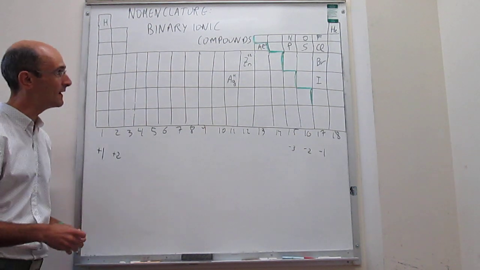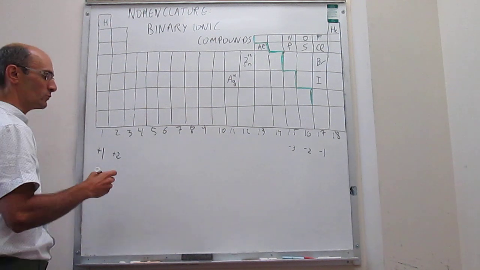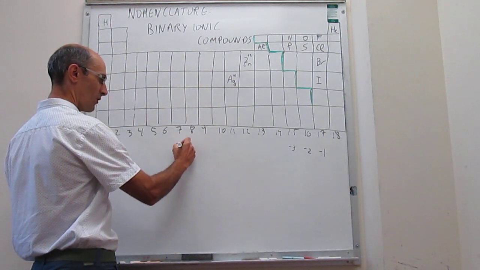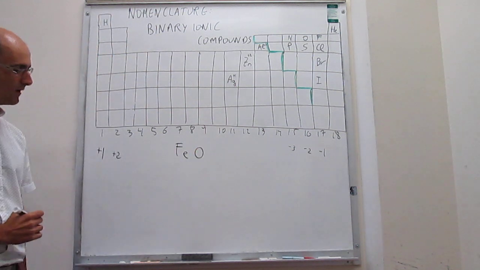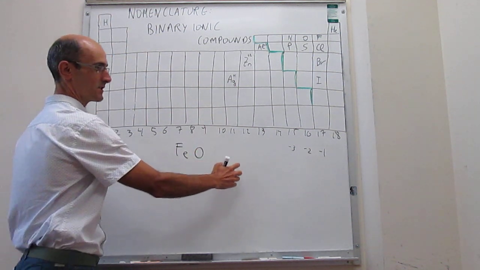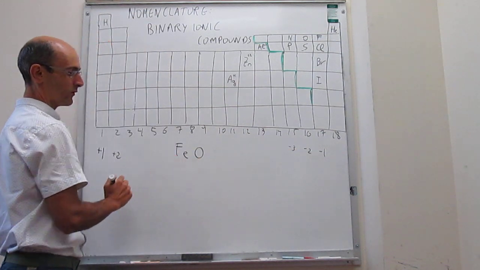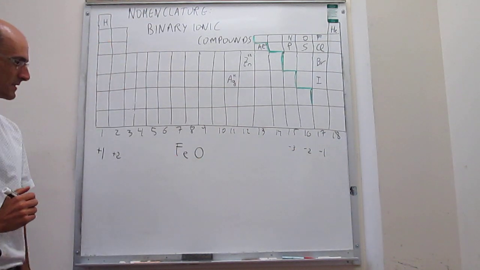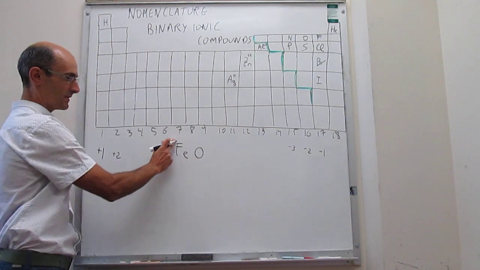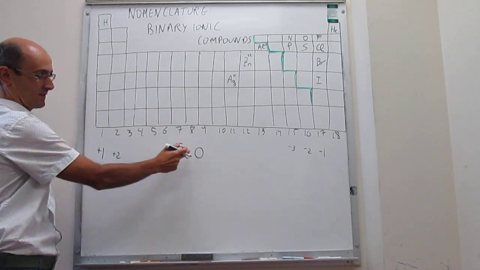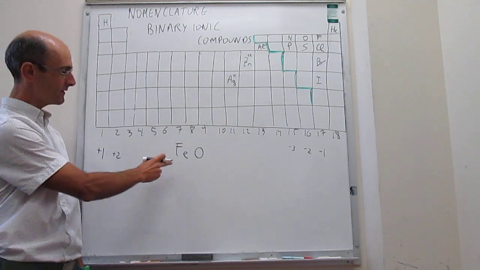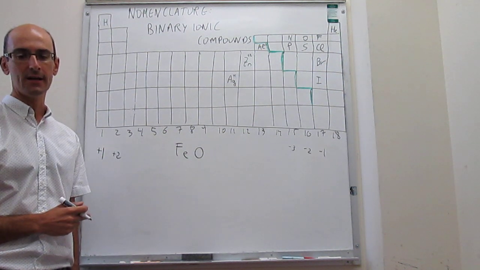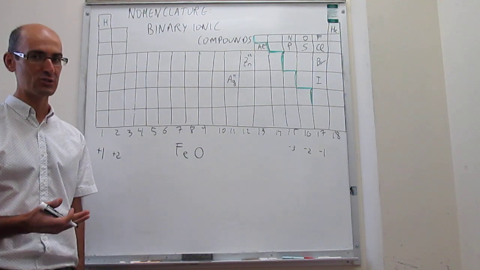Let's think about how we would name a compound between iron and oxygen like this. We know that oxygen is always going to be -2 when it forms anions. That will be an oxide, and since this compound is neutral, with 0 charge, the charge of the iron cation has to be +2.